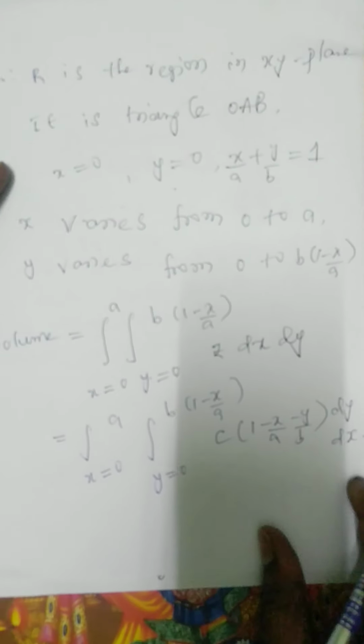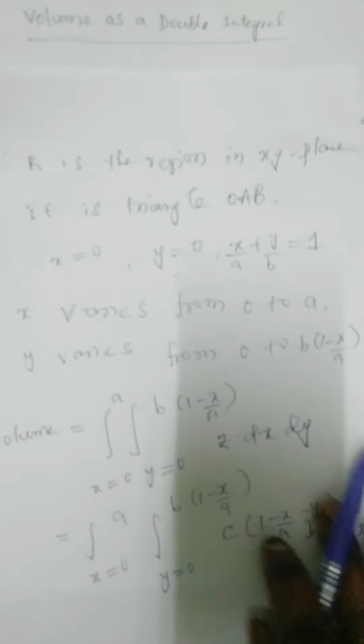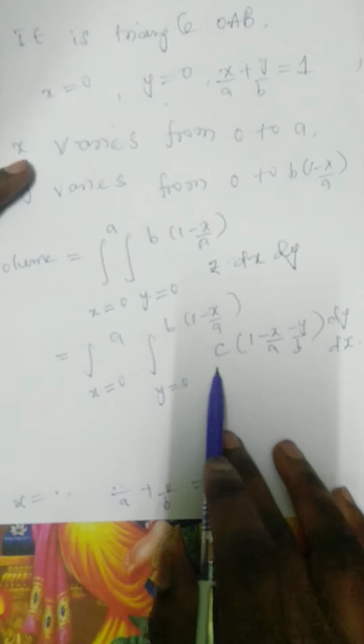Because this is the z value, right? Already we got the z value, that z equals c into 1 minus x by a minus y by b. Here c is a constant, so you can write it outside of the integration.